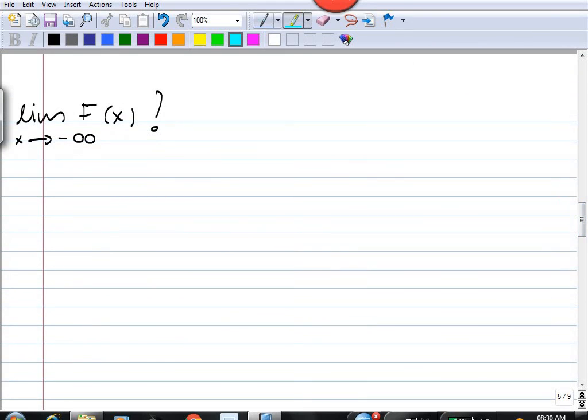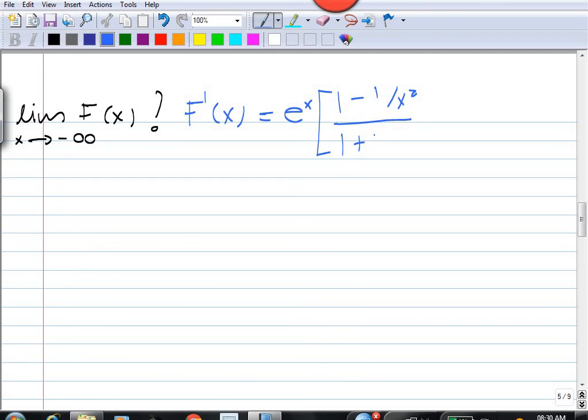Lastly, now let's look at what happens as x goes to minus infinity. Well, again, we look at the derivative. And as we saw a moment ago, we can write this as e to the x times 1 minus 1 over x squared over 1 plus 1 over x squared.